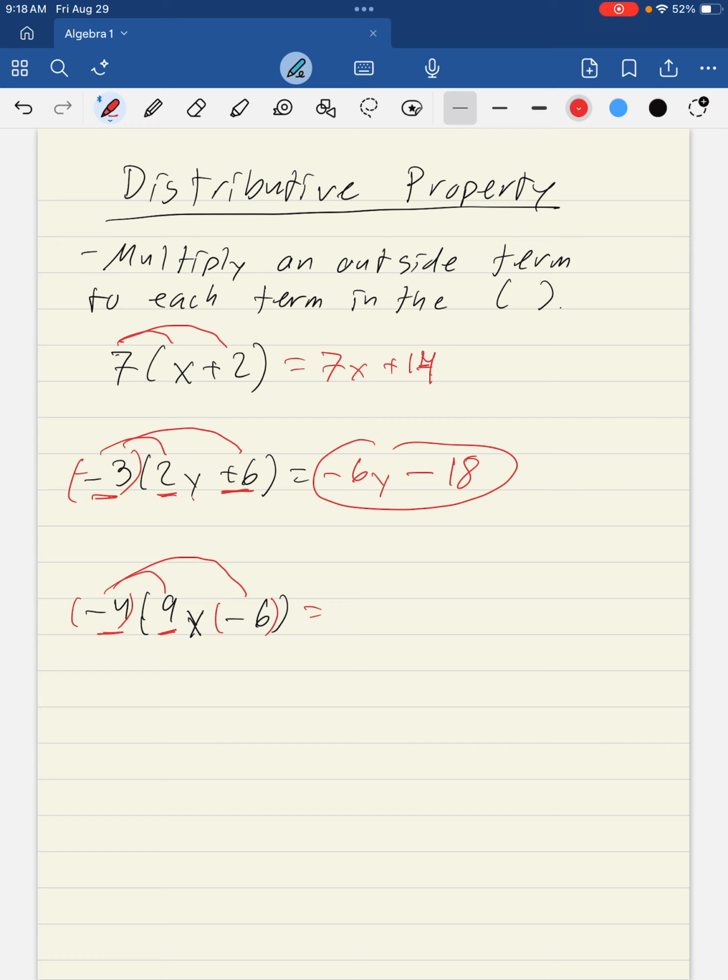You just look at the numbers and then kind of slap the variable on at the end. So negative 4 times 9 is negative 36. And slap our x on there. And then we can go negative 4 times a negative 6. Negative times a negative is going to give us a positive. And 4 times 6 is 24. Boom! There's our distributive property review.